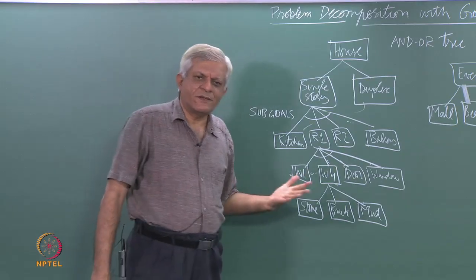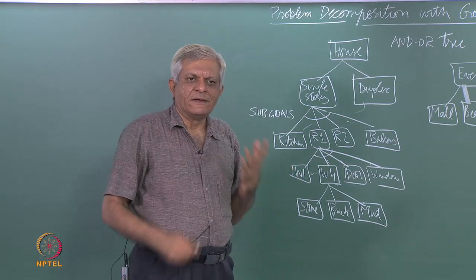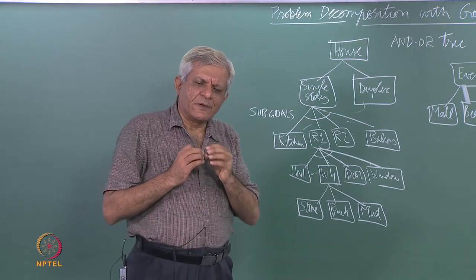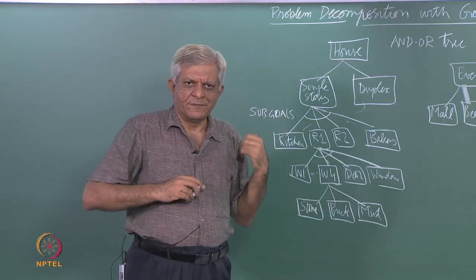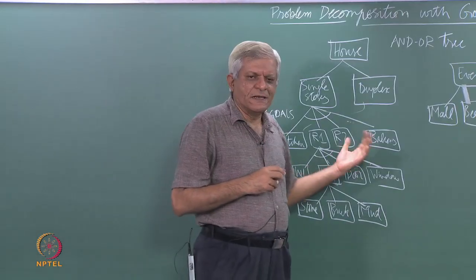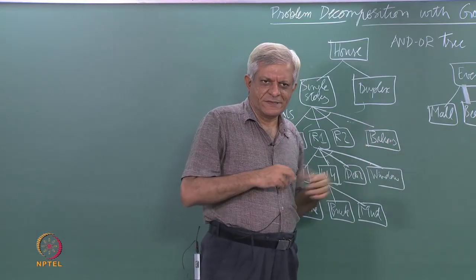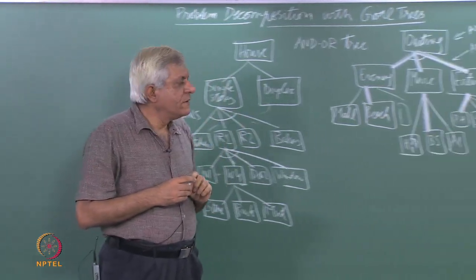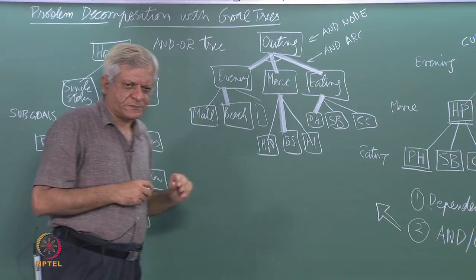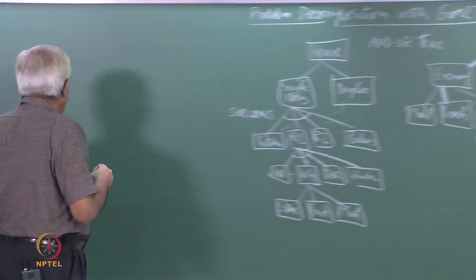So, till what extent do you break down a problem? You break it down till the problem is so simple that you have a solution already available essentially. I will illustrate that with the next example, which is from one of the first systems that was to use AND OR graphs.